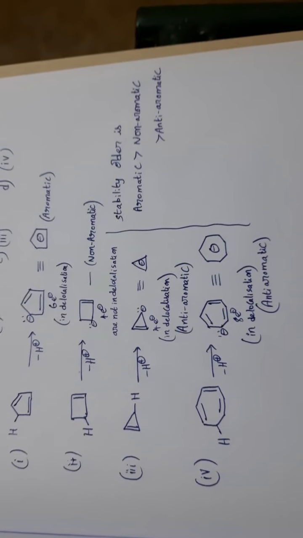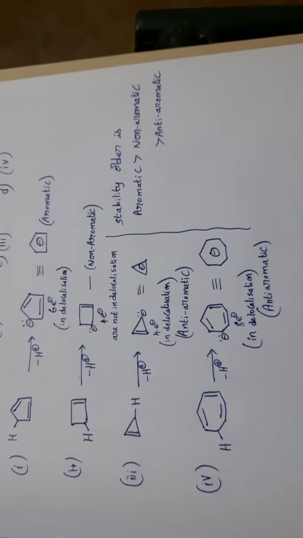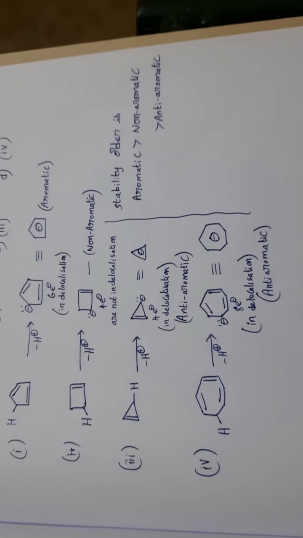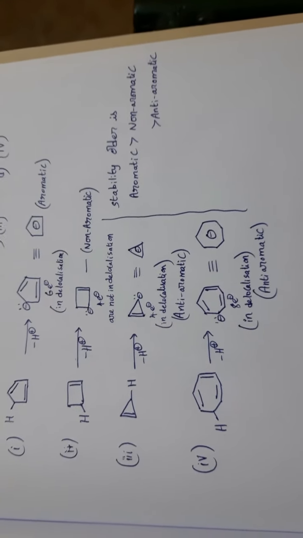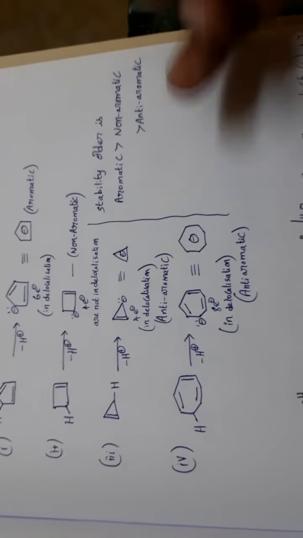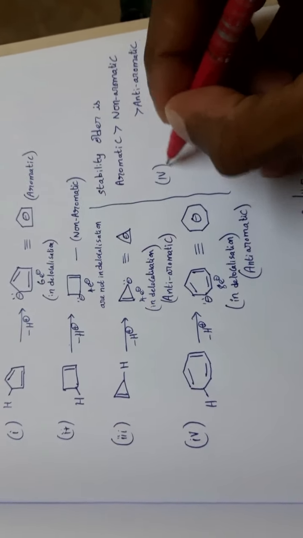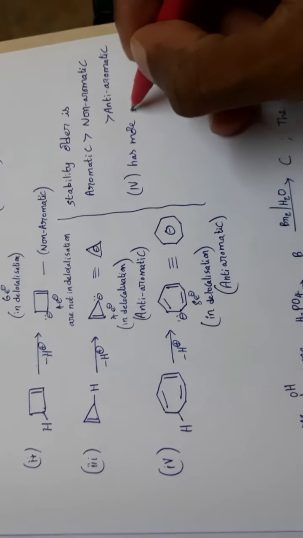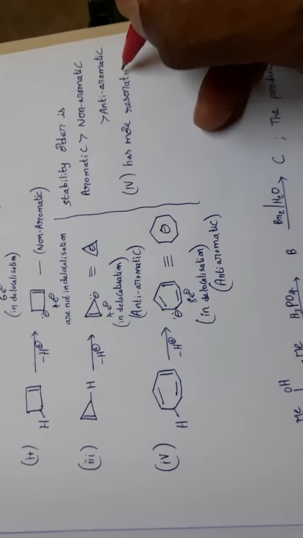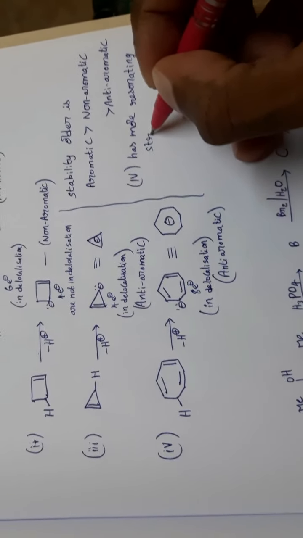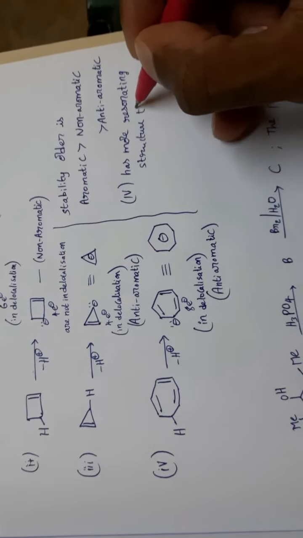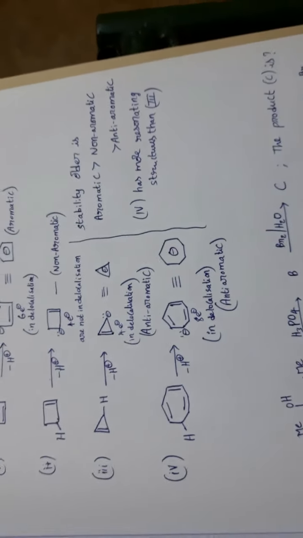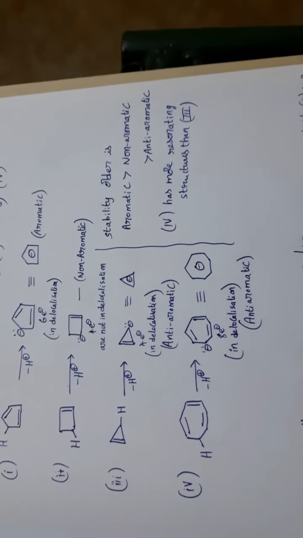Highest stability aromatic compounds, least one anti-aromatic. Here compound 3 and 4 both can form anti-aromatic species. Between these two, which one having more stability? Compound 4 has more resonating structures than 3. So compound 4 having more stability than 3.